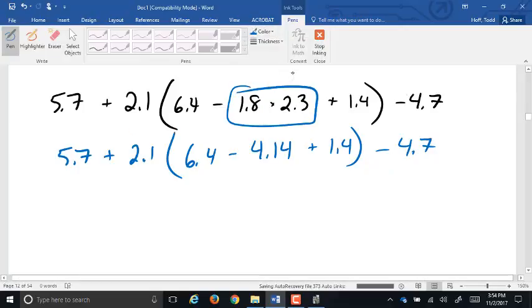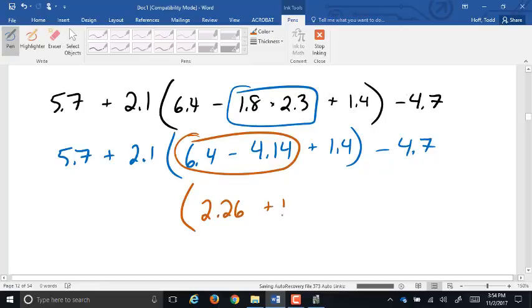So then what? Well, we got to go left to right. It's all addition and subtraction in the parentheses. So we go left to right and subtract. 6.4 minus 4.14 is 2.26.